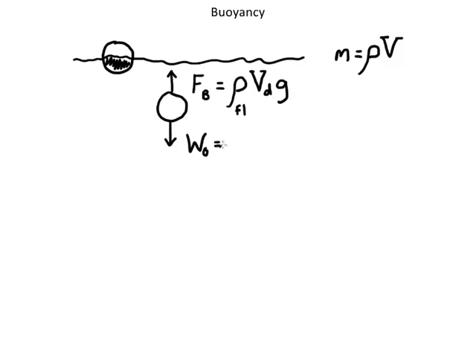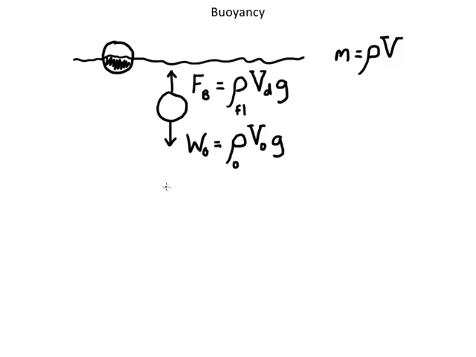I'm going to express the weight of this object similarly to the way I expressed the buoyant force. Instead of saying it's the mass of the object times g, I'm going to say it's the density of the object times the volume of the object times g. We'll see that this helps us find a convenient mathematical way to think about buoyancy.